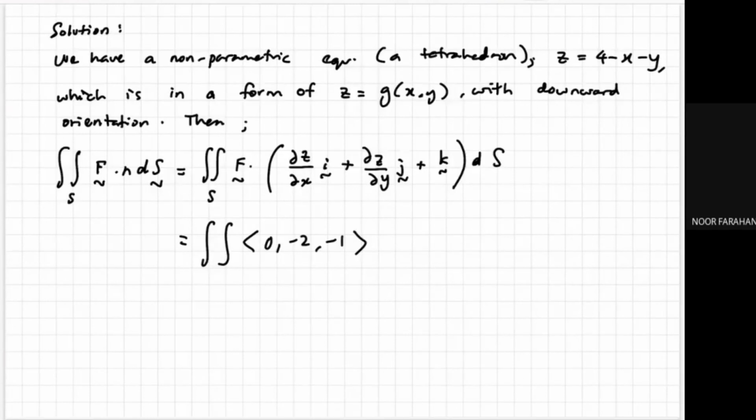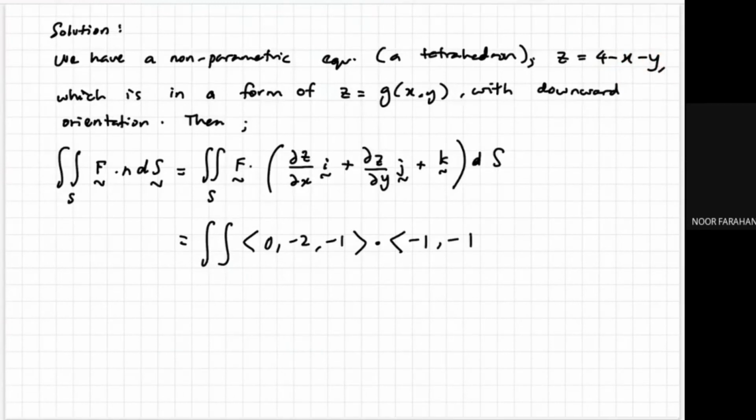And dot with your n. Your n here: del z del x. Okay, look at this z. Differentiate this z with respect to x, del z del x is equal to negative 1. With respect to y, you get negative 1, plus k.